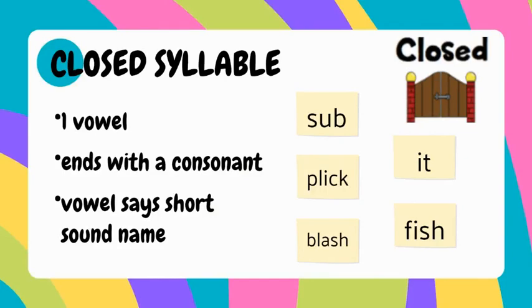Then you have the closed syllable type. This includes one vowel in a syllable chunk. It ends with a consonant, and the vowel says its short name. So here, it wouldn't be sube, it's sub. Our scholars would know that, wow, in this chunk, I have a vowel and it ends in a consonant.